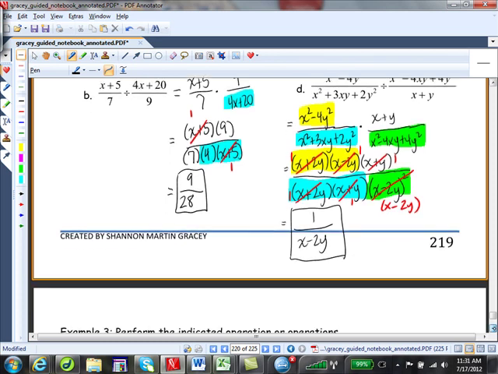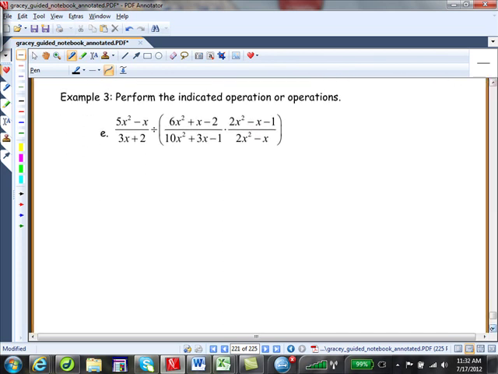These guys, they're going to be just a little bit more challenging. All right, so don't forget about your order of operations. I would highly recommend with part E that you do what's in the parentheses first, and then once you have one happy fraction, you can do the division portion of it.